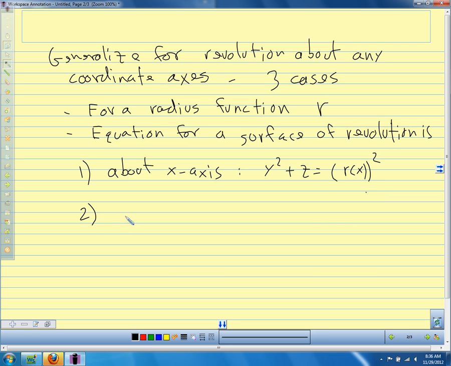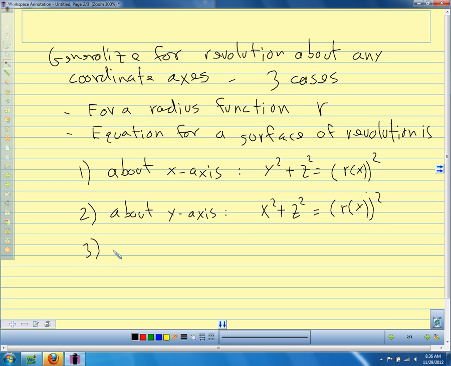Our second equation, if we revolve about the y-axis, we get x squared plus z squared equals our radius function as a function of y, squared.